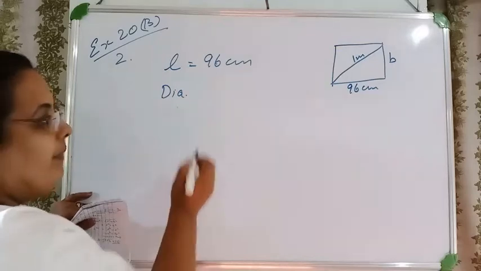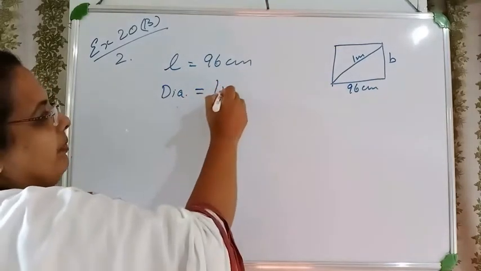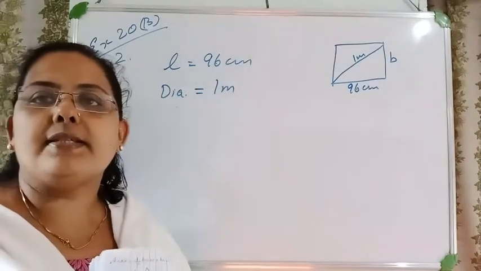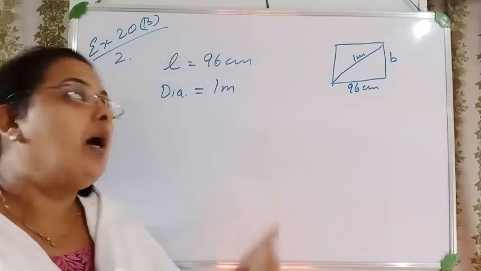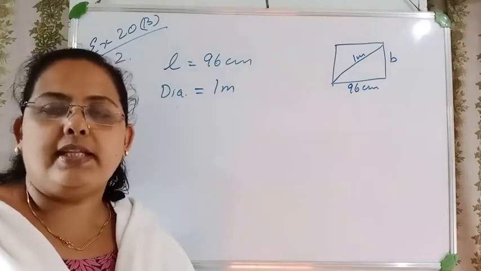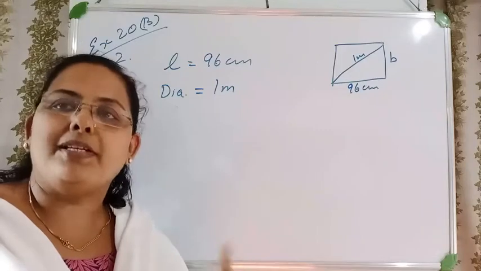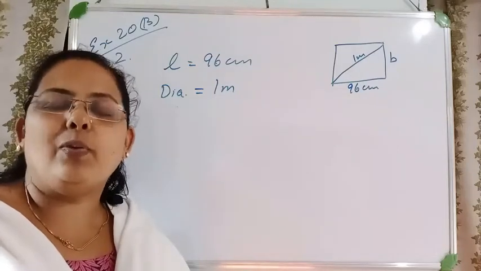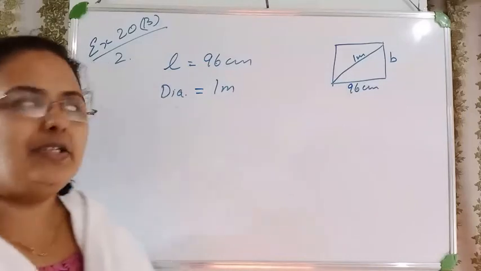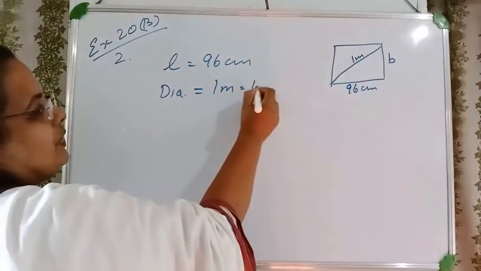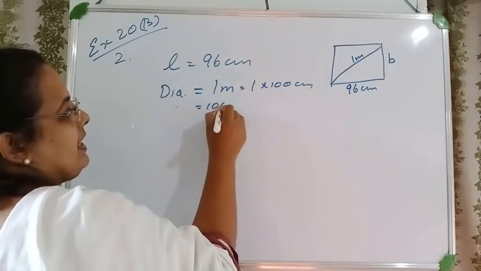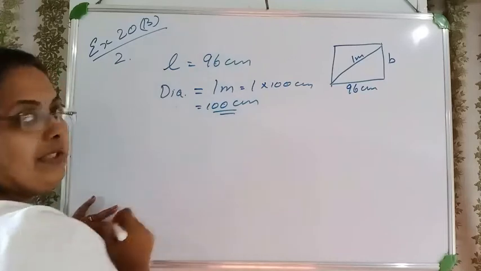So diagonal is equal to 1 meter. Either you convert 96 centimeters into meters, or you convert 1 meter into centimeters. I think it is better to convert 1 meter into centimeters. How will you convert it? Multiply it with 100. So this is equal to 1 into 100 centimeters, which is 100 centimeters.